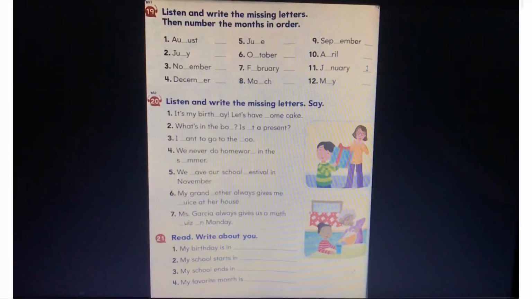Let's listen carefully. Page 114, Activity 19. Listen and write the missing letters.